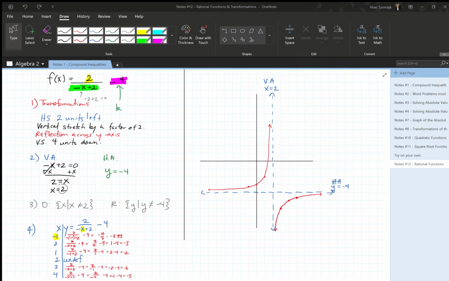What happened? Give me a second. All right. So I want to find the x-intercepts here for this function. I'm having some issues. All right. Let's see.